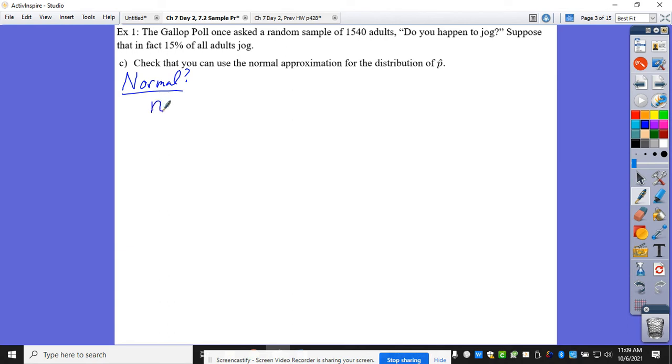Sample size times p has to be bigger than 10, and n times 1 minus p also. What's our n? What's our p?